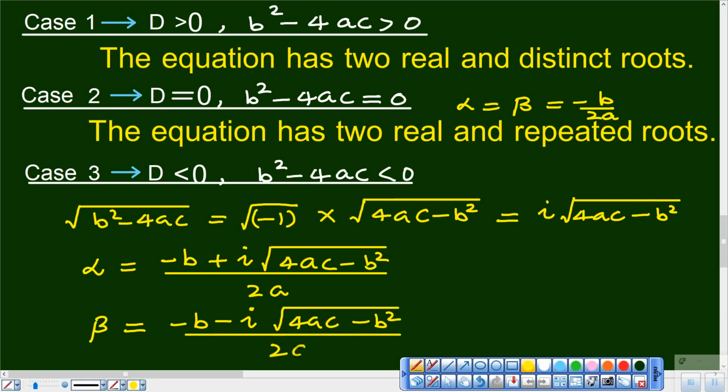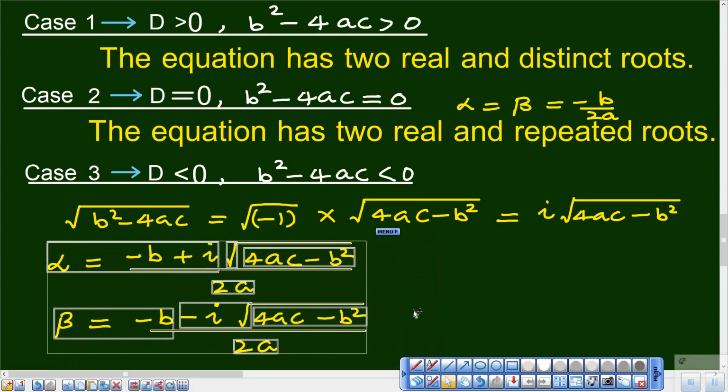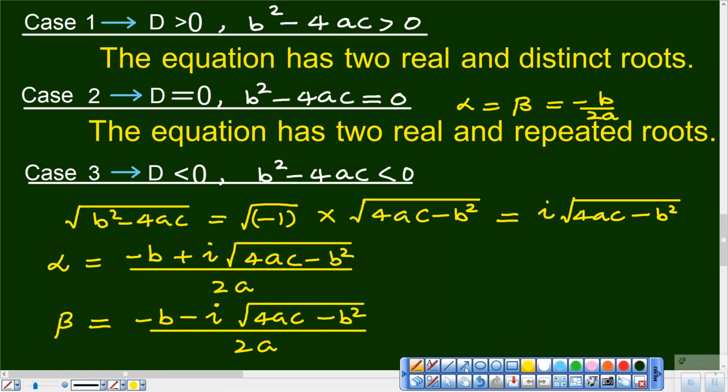You can confirm that this can be written as p plus iq, and this can be written as p minus iq, where p stands for minus b upon 2a.